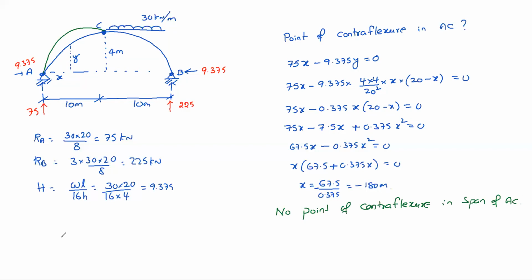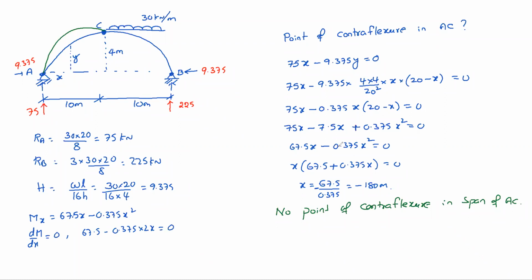M at x equals 67.5x minus 0.375 x square. So dM by dx will be 0, that is 67.5 minus 0.375 into 2x equal to 0.